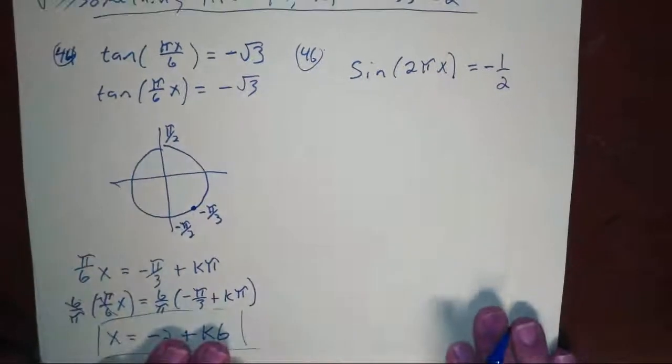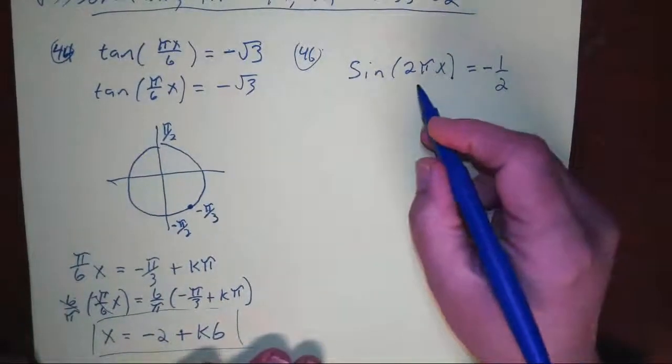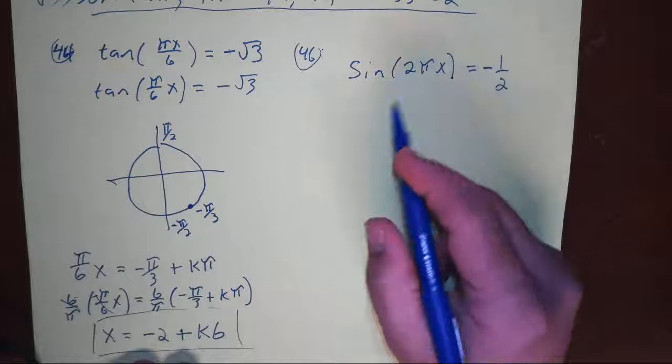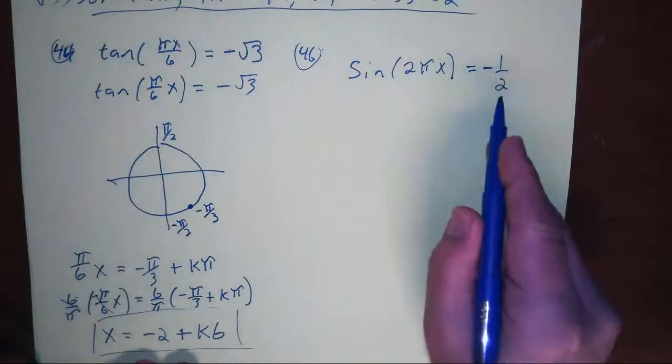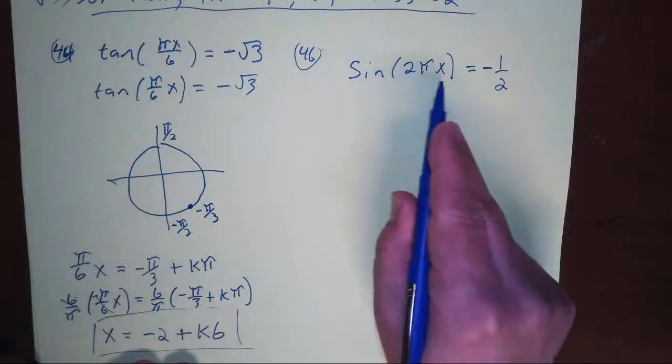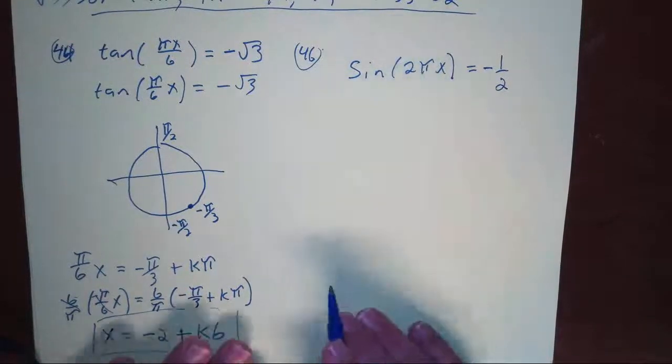And we'll solve this. Again, we're going to solve the sine of some angle is equal to negative 1/2, and I want to get this angle, and then I'll set all of this equal to that angle.